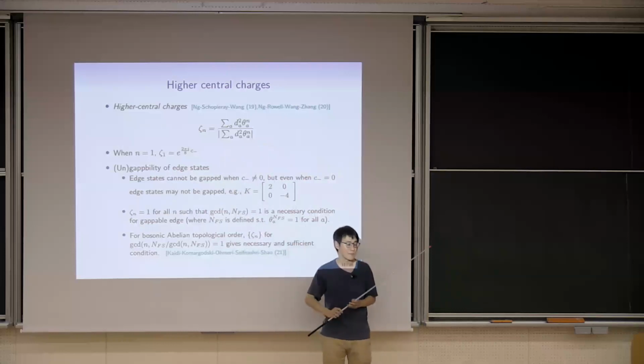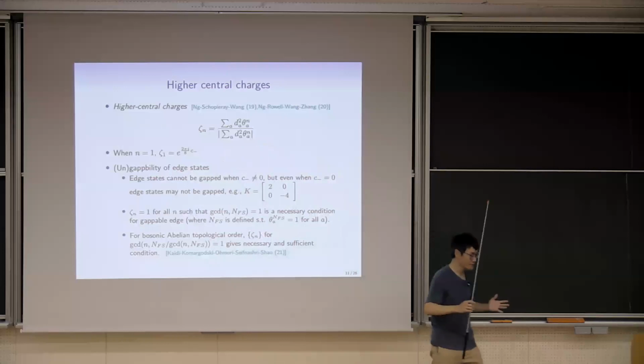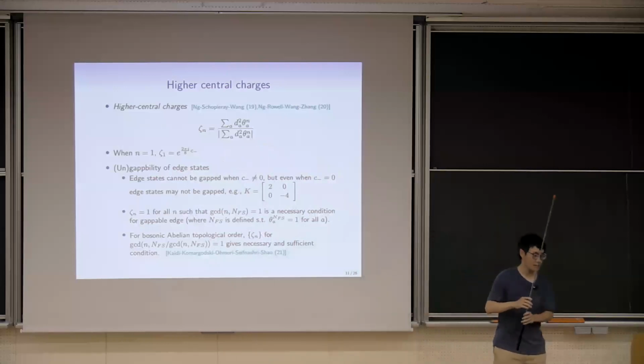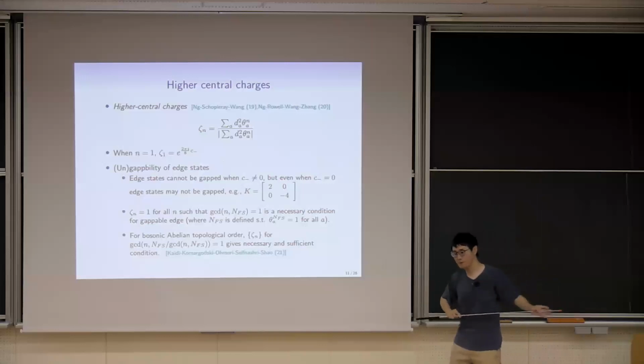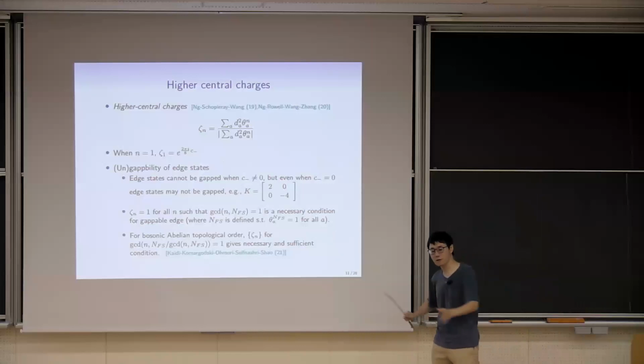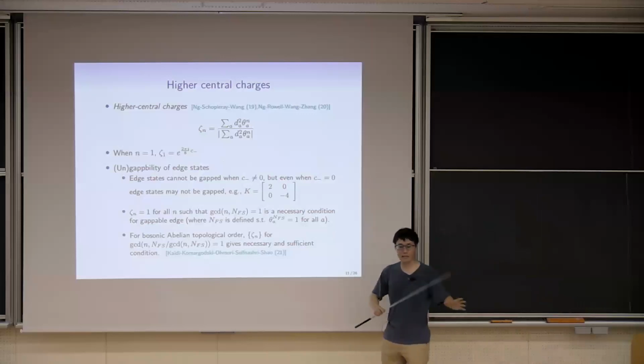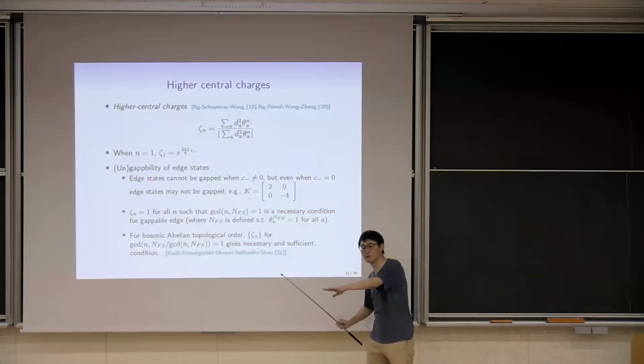So what is gapability? If you have an edge state, in the simplest case, you could have just propagating degrees of freedom to the left, a purely chiral state. In that case, in condensed matter terminology, there is no backscattering you can induce.